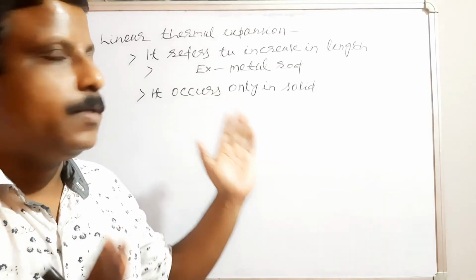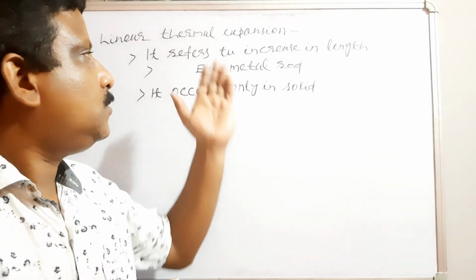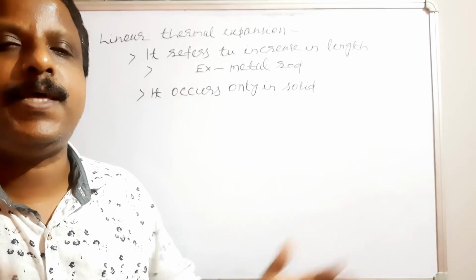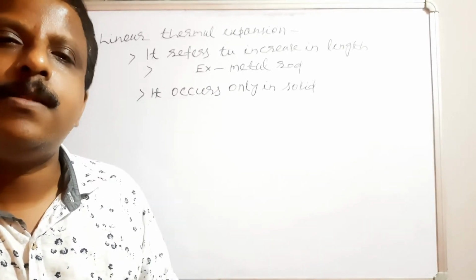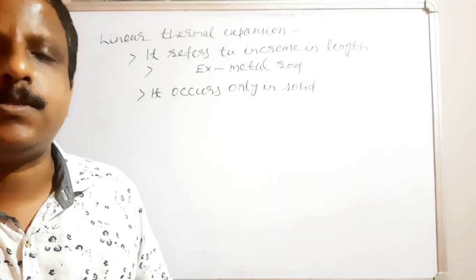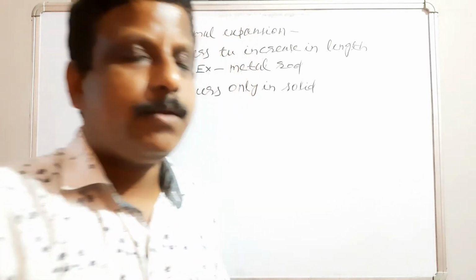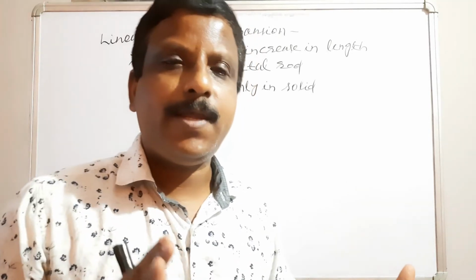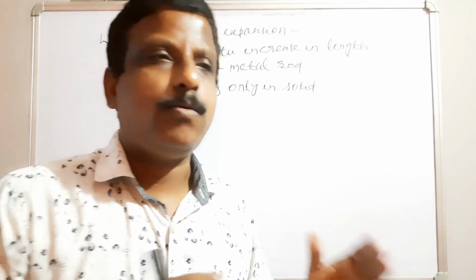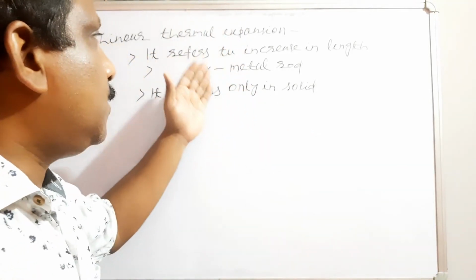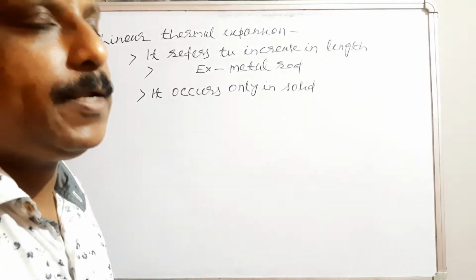So linear means the length. Linear thermal expansion refers to increase in length, and it occurs only in solids, not liquids or gases. Example, a metal rod: if it is heated, it will increase in length, not area or volume.